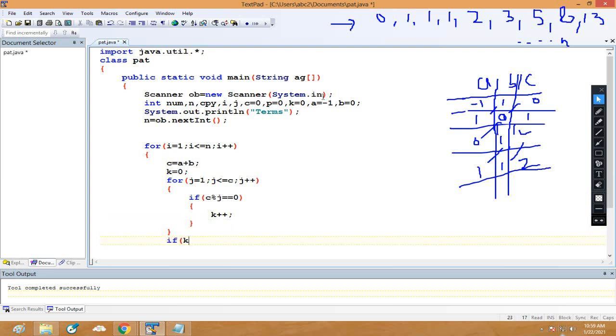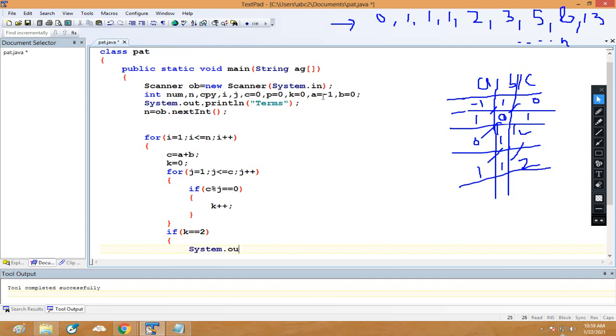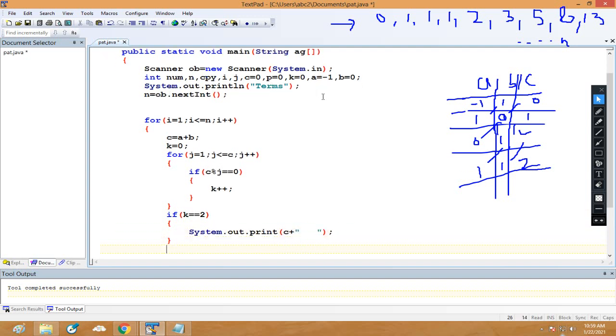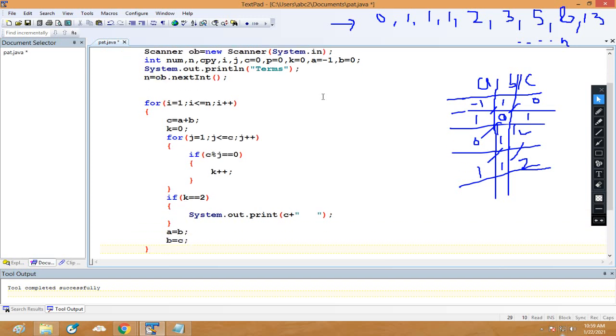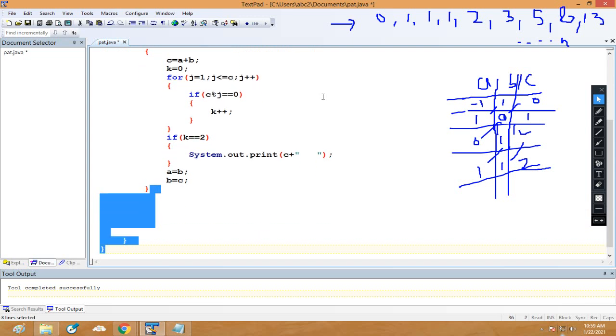If k equals 2, then what you are supposed to print with the Fibonacci terms is c. After that, a equals b and b equals c has to be there. The program is over.